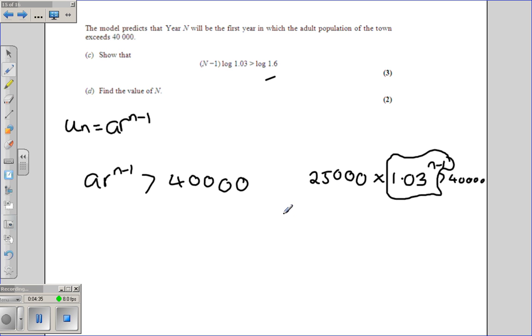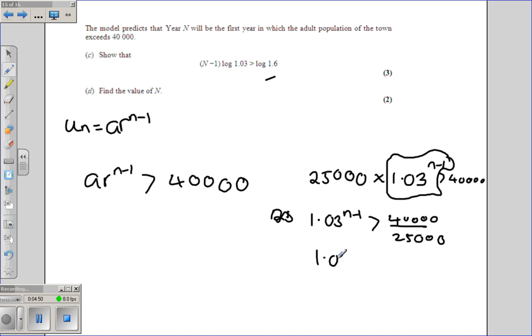So we've got 1.03 to the n minus 1 is greater than 40,000 divided by 25,000.